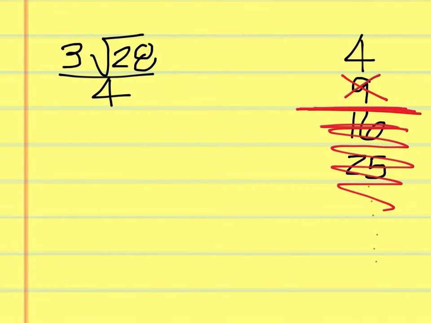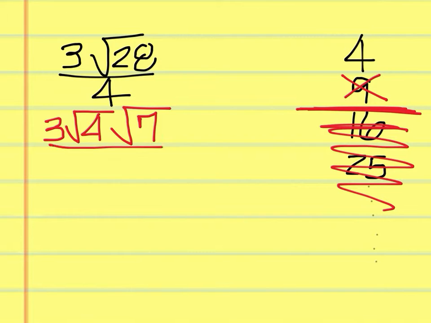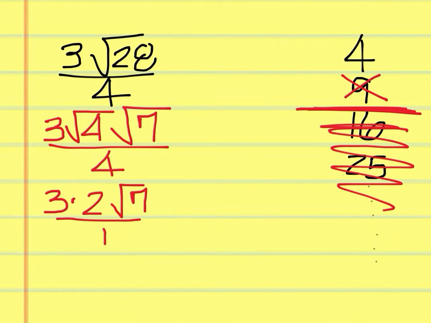No. What about 4? Yeah, so I'll have 3 square root of 4 times square root of 7, and then over 4. The square root of 4 is 2. And 3 times 2 is 6.